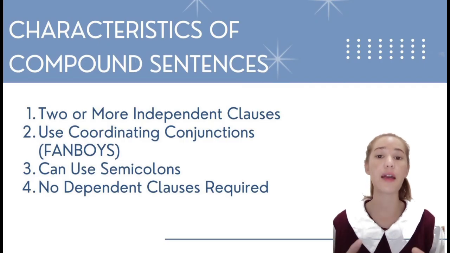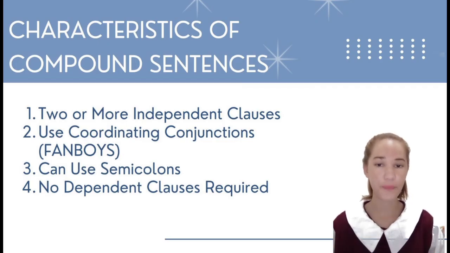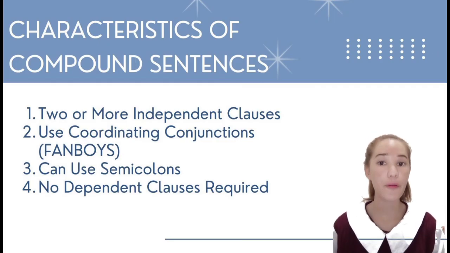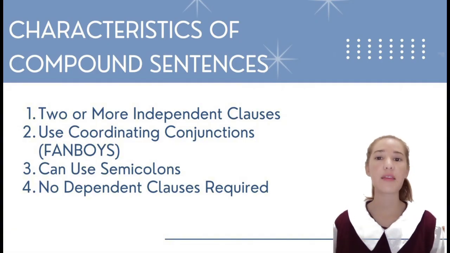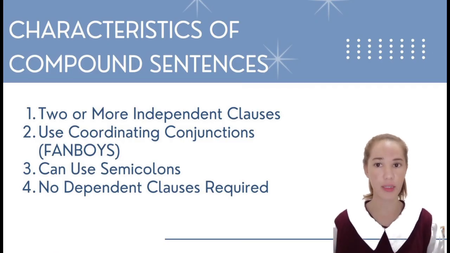When we use a semicolon to connect two independent clauses, we don't need a coordinating conjunction and we don't need a comma. For example, "I have a pet iguana; his name is Fluffy." In this sentence, the semicolon connects two closely related ideas without using any conjunction.